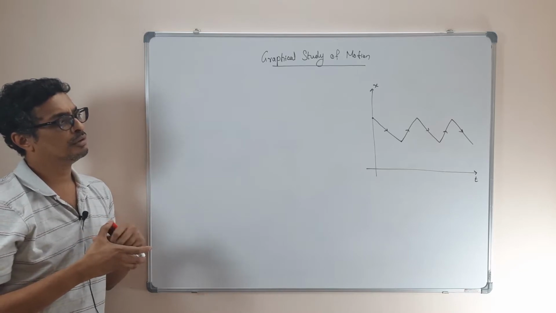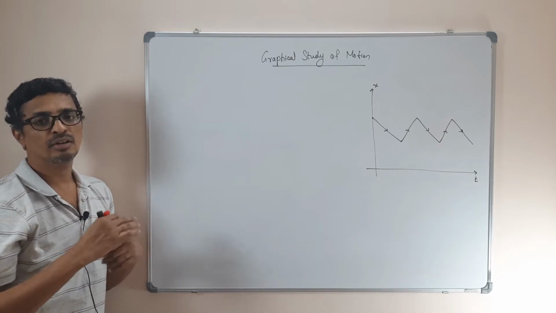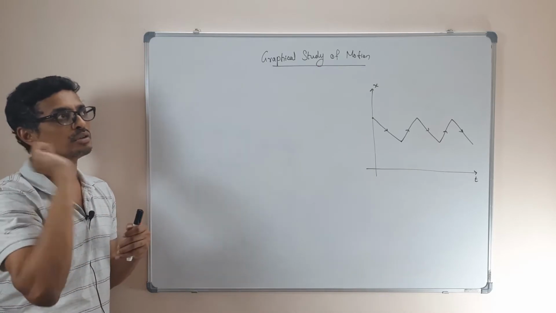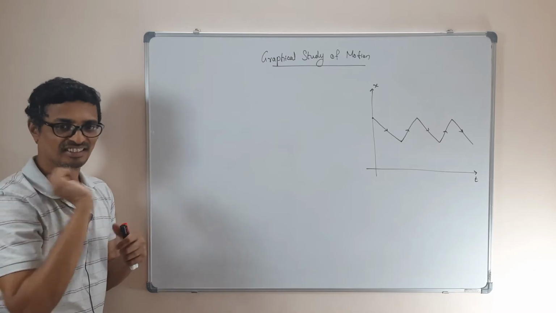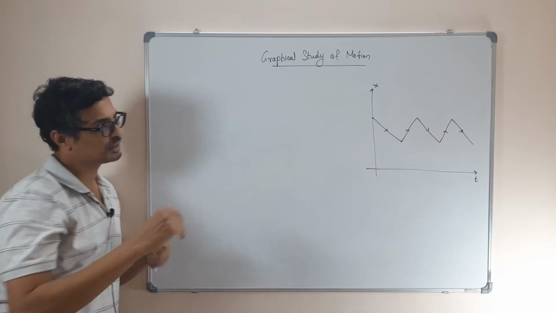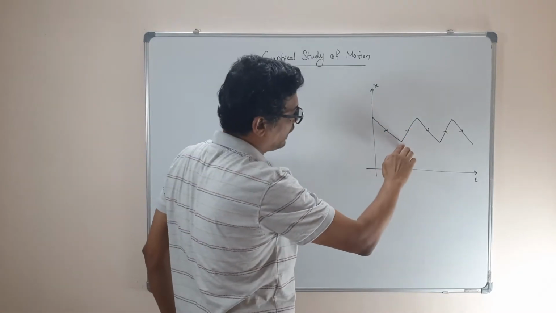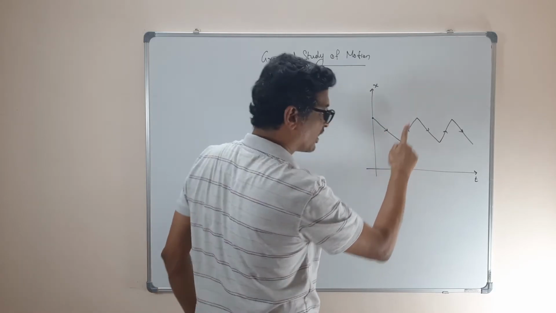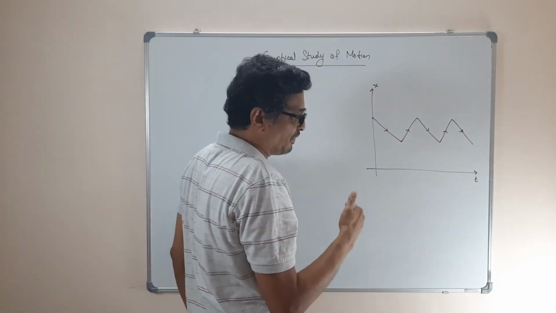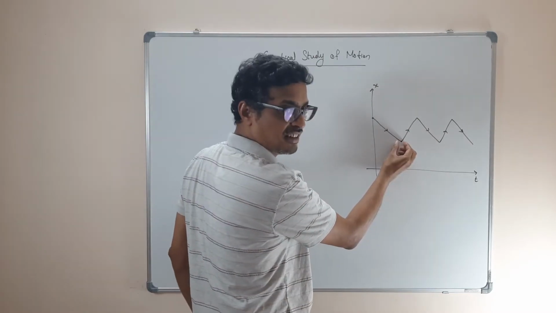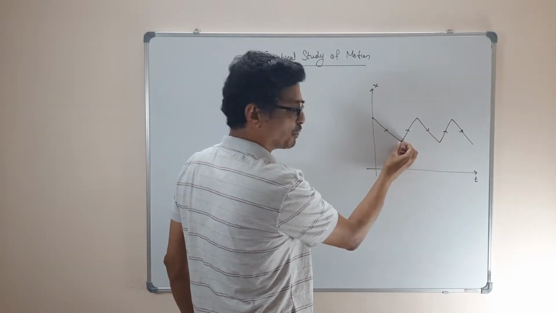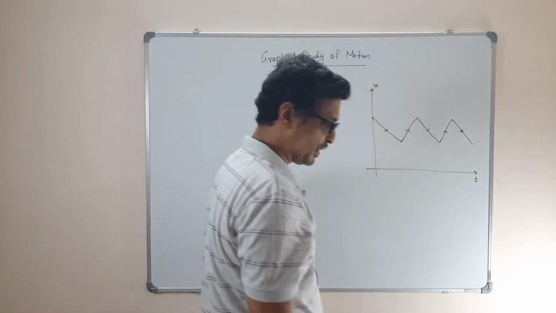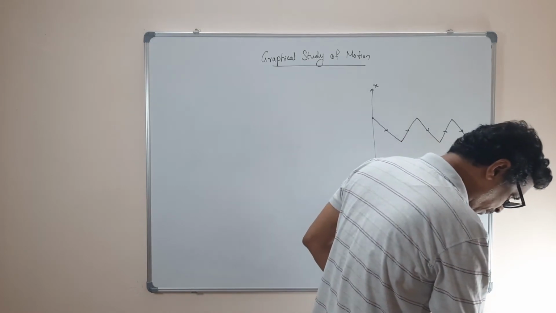A yo-yo? A yo-yo also has acceleration; it goes, stops and comes back. But here, it moves at a constant speed, stops here, and then moves back, something like that. Even when it stops at this region, it is not constant motion, because it changes direction, so the velocity is changing. So this is a simple representation.